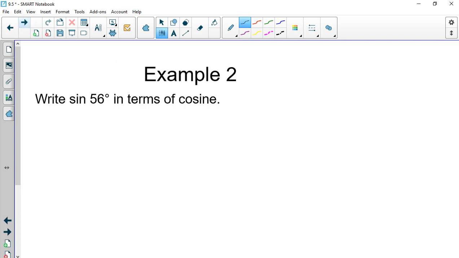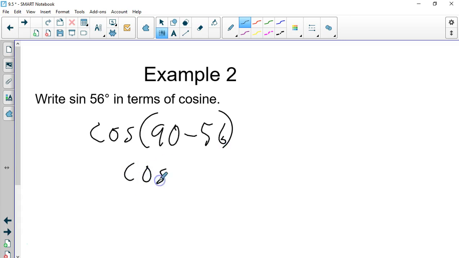Okay, so write the sine of 56 degrees in terms of cosine. Well, cosine of 90 minus that 56 degrees means sine of 56 is the same as the cosine of 34. If you wrote them underneath each other, 56 plus 34 makes 90.